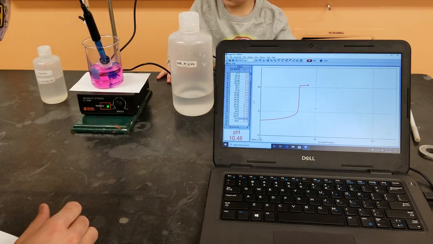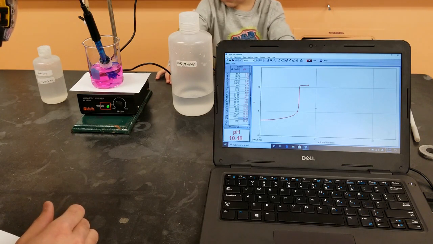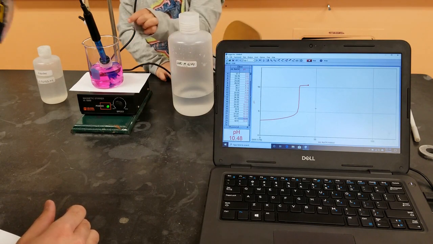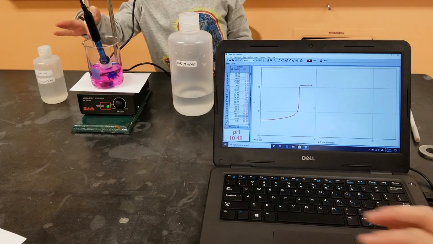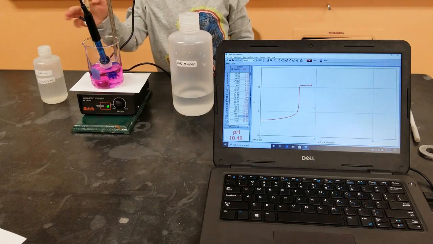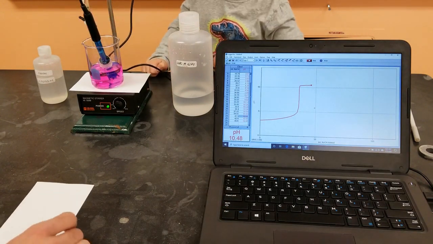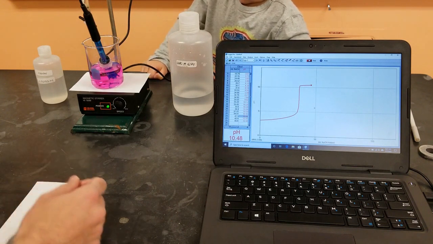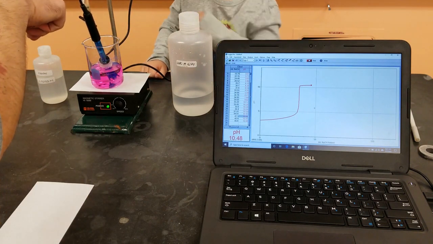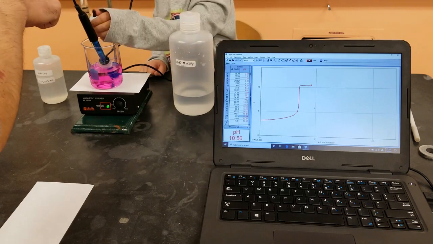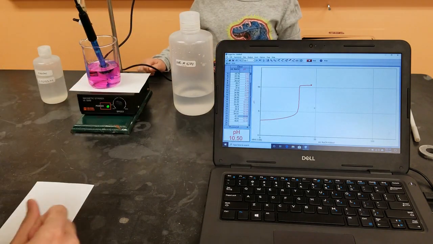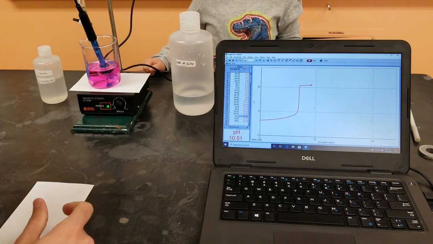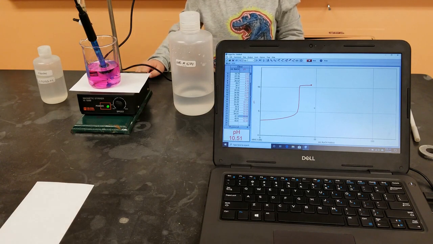And now we're at 45.60. You can see it's barely changing the pH at all at this point as we add more base. Okay, do one more until it gets about here. And we're going to end our graph today at 49.20 milliliters.